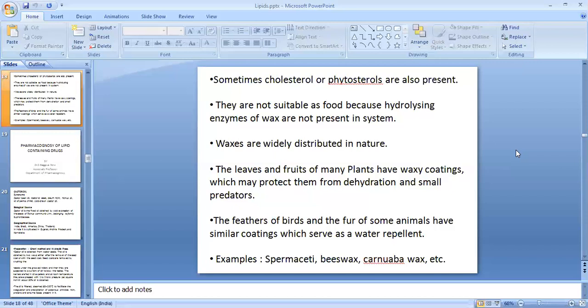And the examples of these waxes are spermaceti and beeswax. These are examples of wax from animals. And carnauba wax and the sessile wax are examples from plant sources. So that is about the waxes.